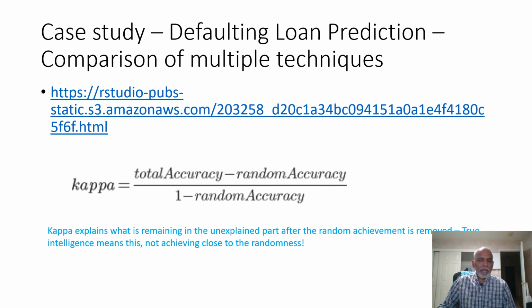That is the remaining, unexplained part, and you take that as a ratio with respect to 1 minus random accuracy, because only this part is supposed to be totally available. Out of that, how much is explained in the numerator? That ratio is called kappa. And we are also going to talk about the loan prediction equation using multiple techniques in the following.